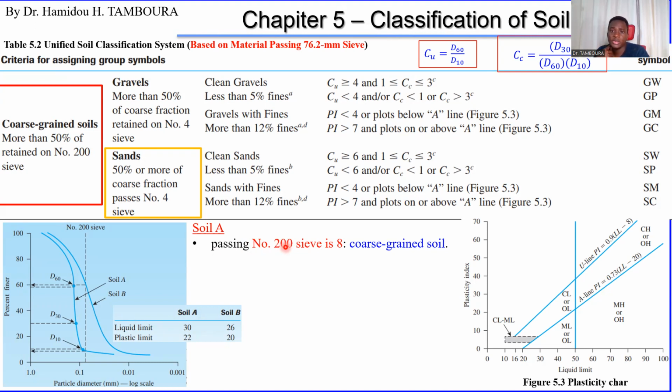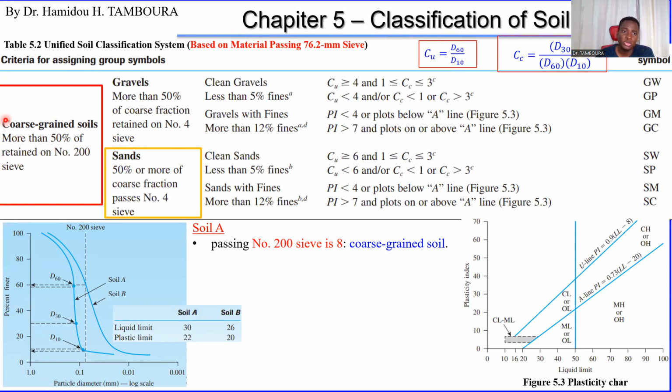Okay, so that means we are dealing with coarse-grained soil, not fine-grained soil, because the percentage passing sieve number 200 is small. Or reversely, you can say the percentage retained on sieve number 200 is more than 50%.